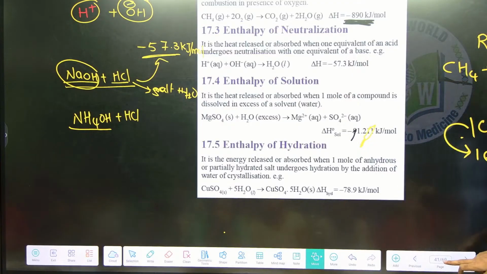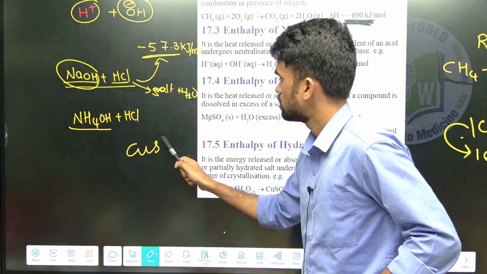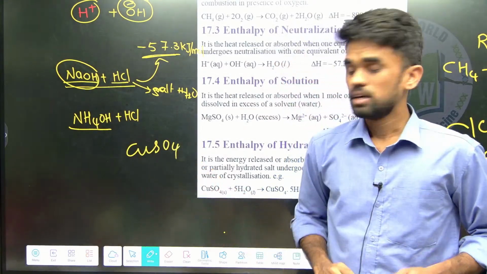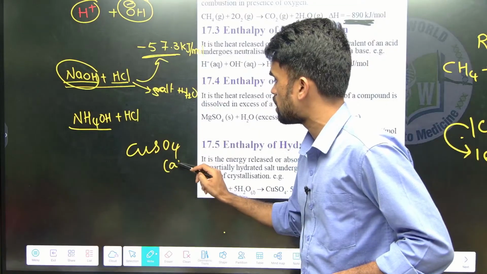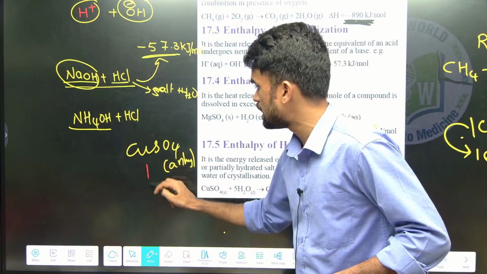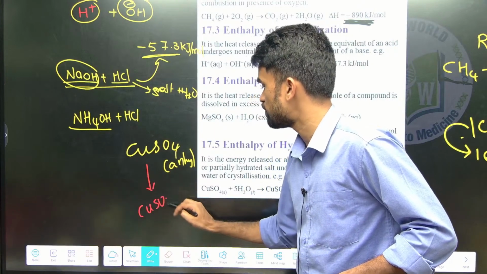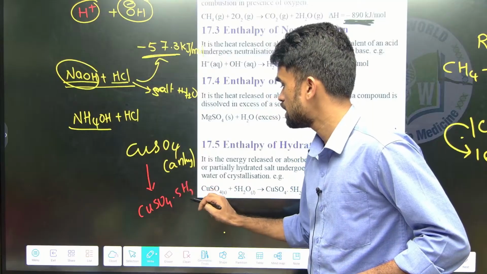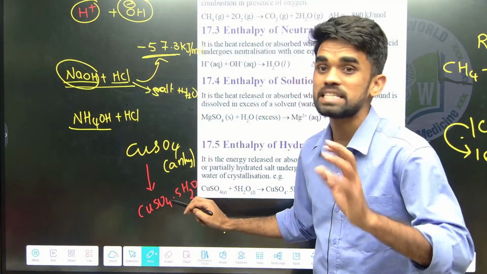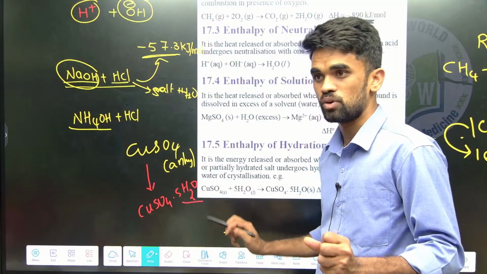Okay, fine. See, you know copper sulfate. Copper sulfate in anhydrous form has no color, white color you can say. But if you add a little amount of water, it will become copper sulfate dot 5H2O. You are not adding an excess amount of water, you are adding a limited amount, only 5H2O.